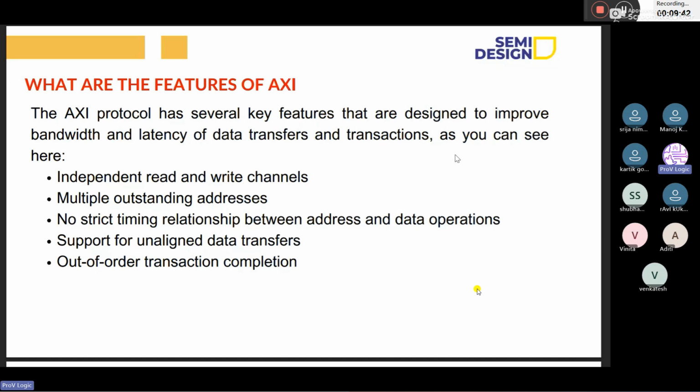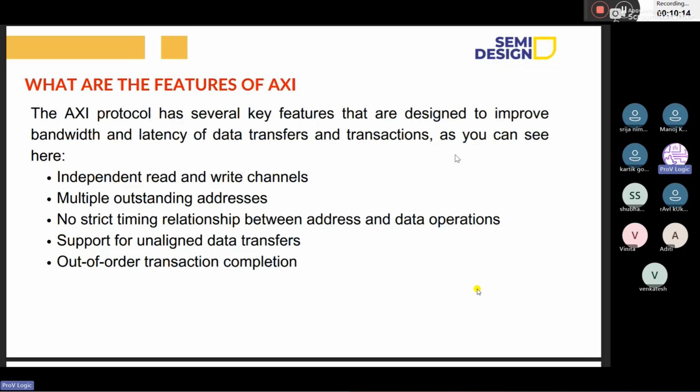Another main thing is that it supports unaligned data transfers. You already know the AHB protocol is aligned. Aligned means what? You have already seen: burst transfers are divided into a number of addresses based on the increments, +2 increment or +4 increment, based on the burst, like increment or wrap, or 16-bit, 8-bit or 4-bit.